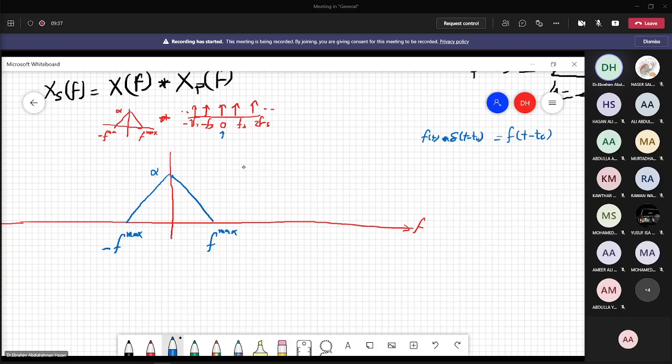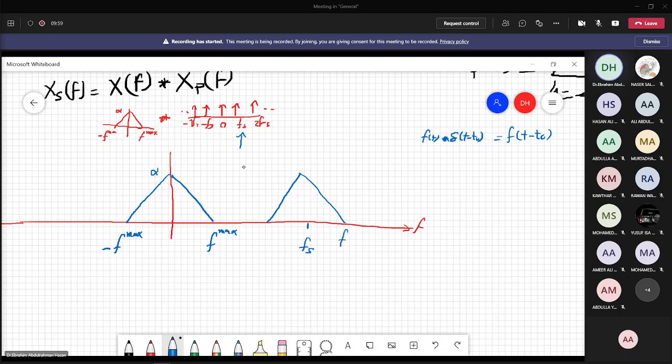اللي بيصير convolution with delta of f minus fs, now with fs, then I will get same thing just shifted to fs. So I will get this. So the center will be at fs. So then from here to here it is f max.